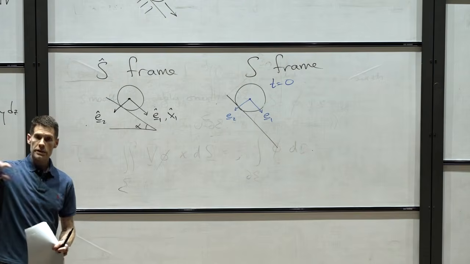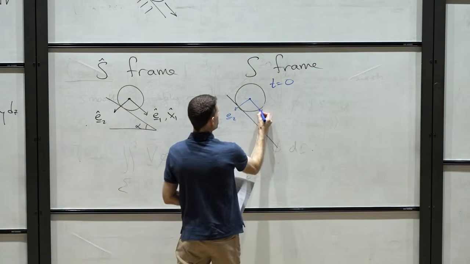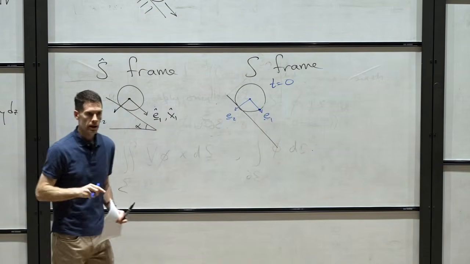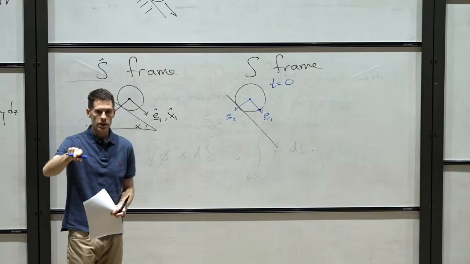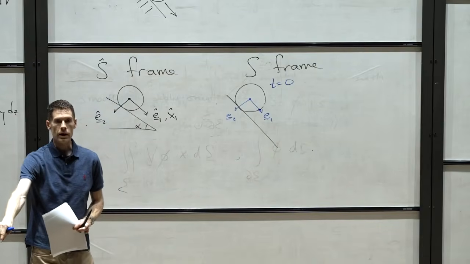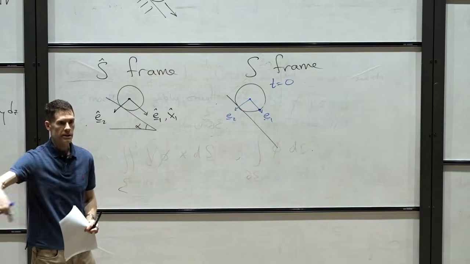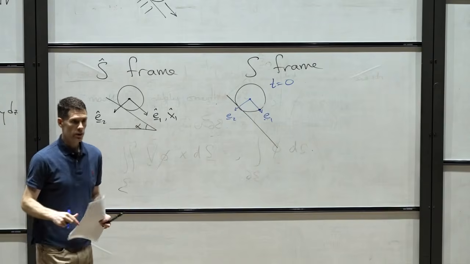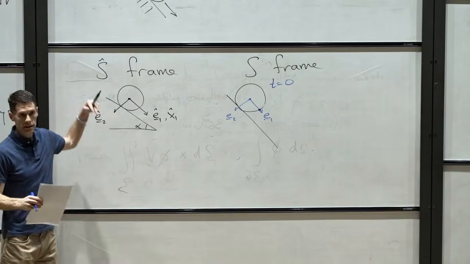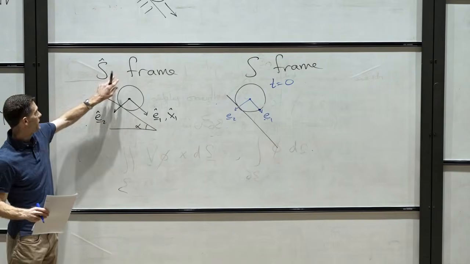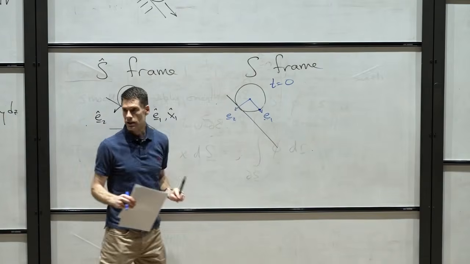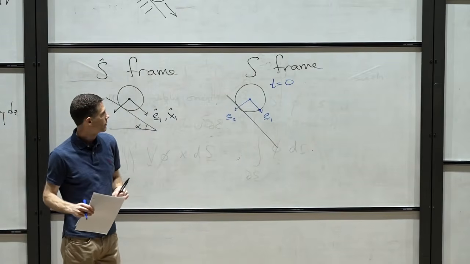So imagine before the cylinder starts rolling, I have a little blue dot there, and I'm saying the E1 direction should always point towards that blue dot. So E1 is going to move as the thing rotates, while this E1 hat is always going to be pointing down the hill. That's my inertial frame, and this is the non-inertial body frame.